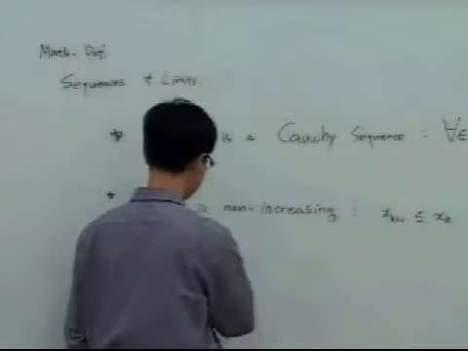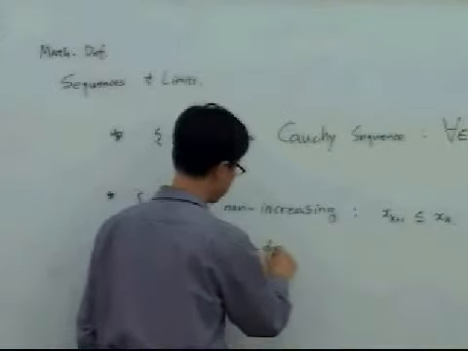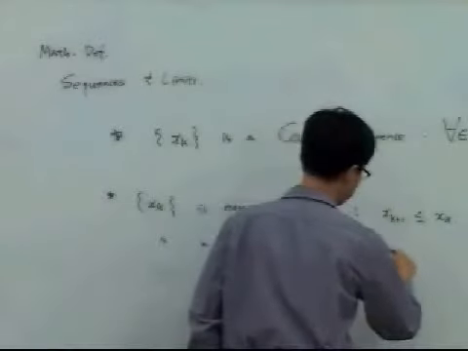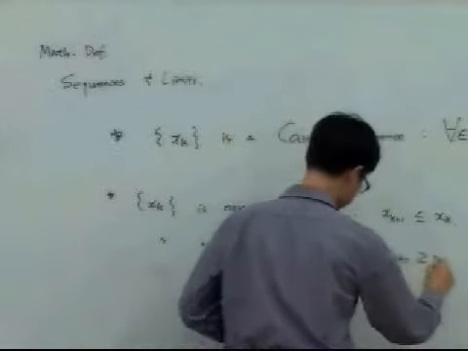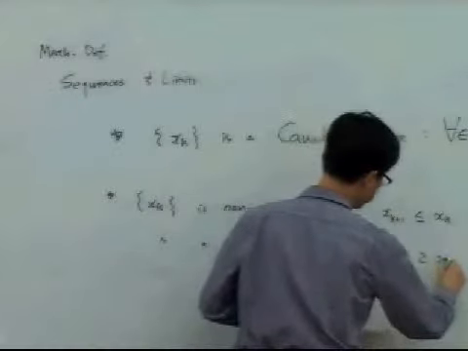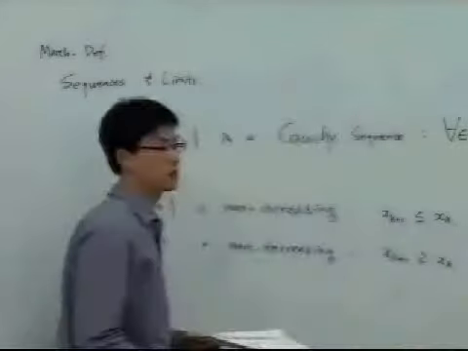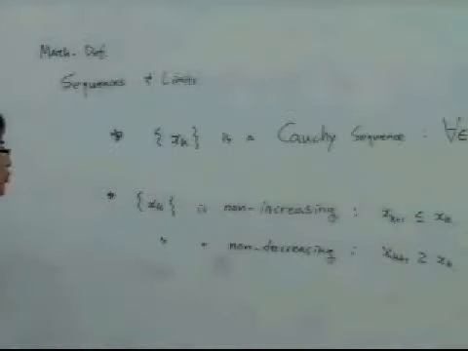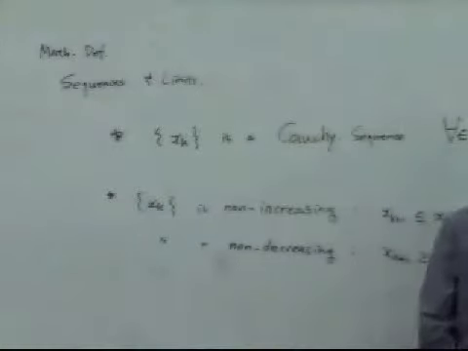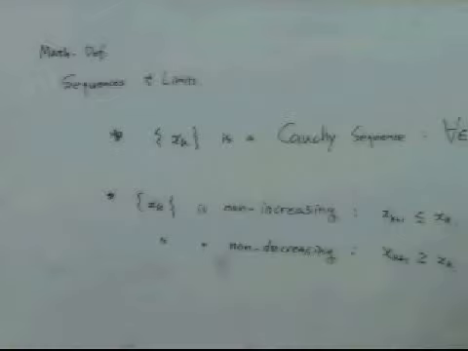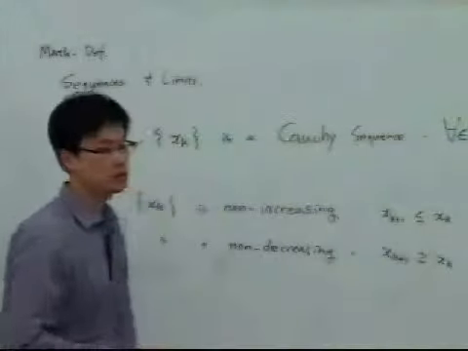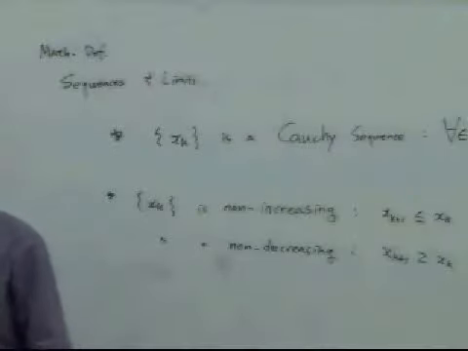Same thing: a sequence is non-decreasing if x_{k+1} is greater than or equal to x_k for all k. And we call a sequence monotone if it is non-increasing or non-decreasing.